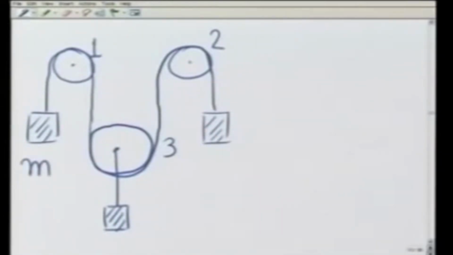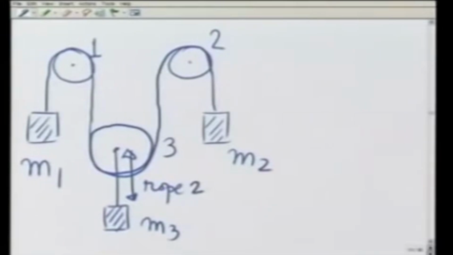This is mass M1, this is mass M2, this is mass M3, and this is attached again by a rope. Call it rope 2, call this rope 1, and both are of fixed length.